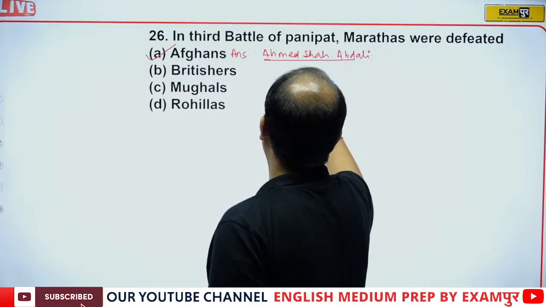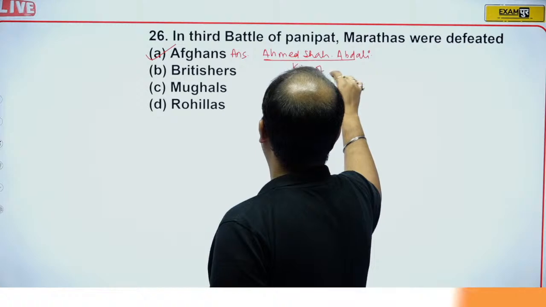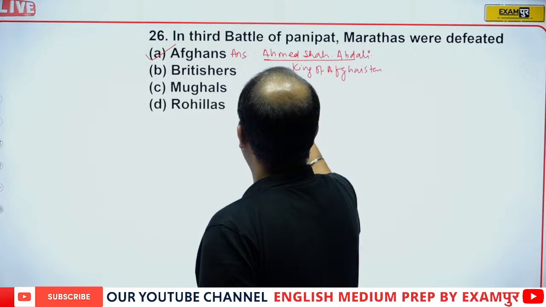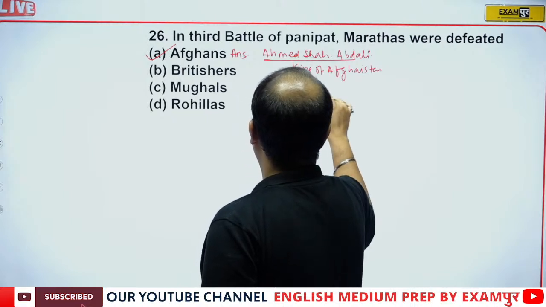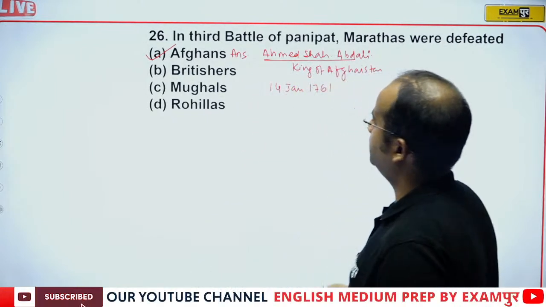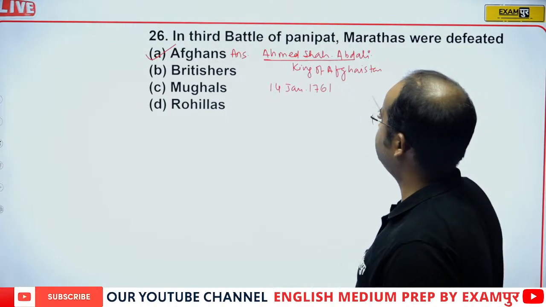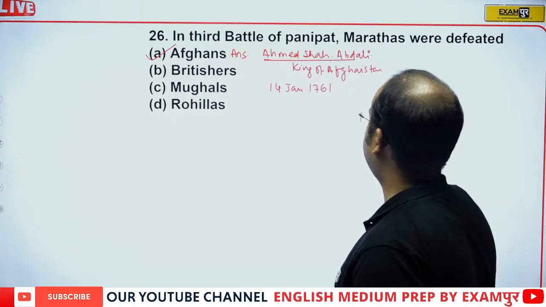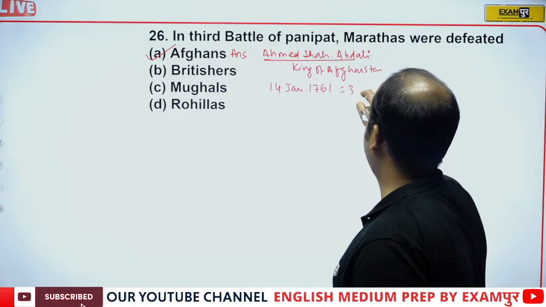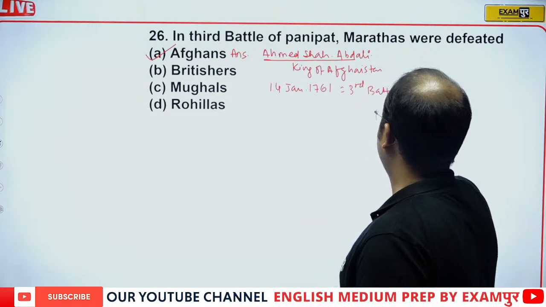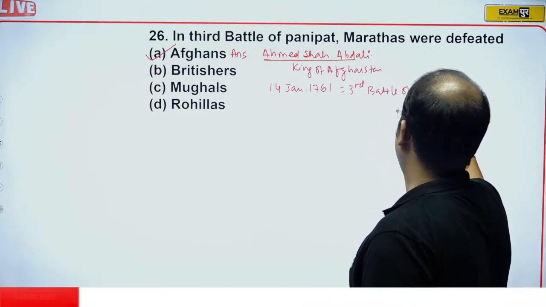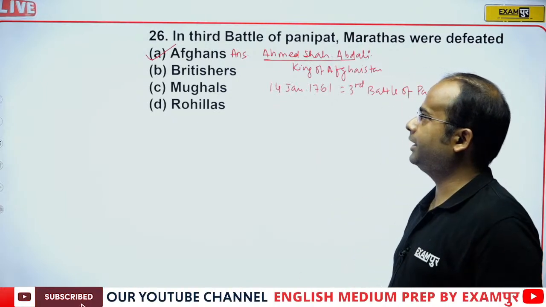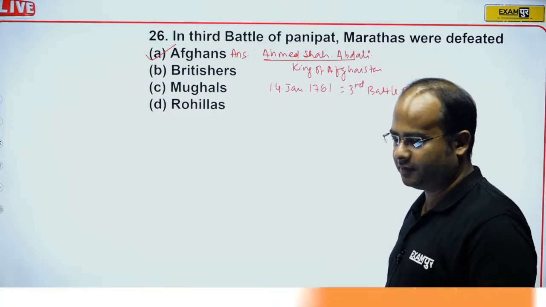It was on 14th January 1761. They were brutally defeated by the Afghans. The king was Ahmad Shah Abdali. Therefore, the correct answer for the third battle of Panipat is option A, that is Afghans.